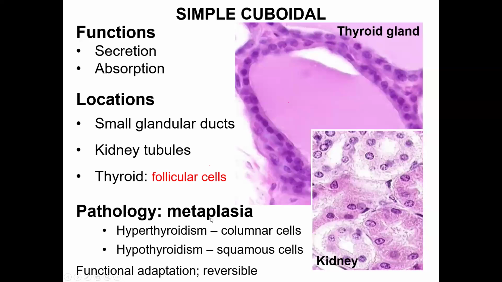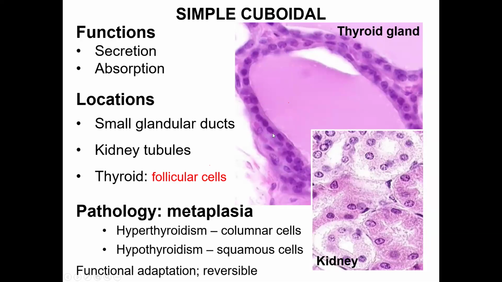There is also a pathology of the simple cuboidal epithelium, highly represented in the thyroid gland, and it is metaplasia. Metaplasia is actually a change in the shape of the epithelium. That is actually a functional adaptation.